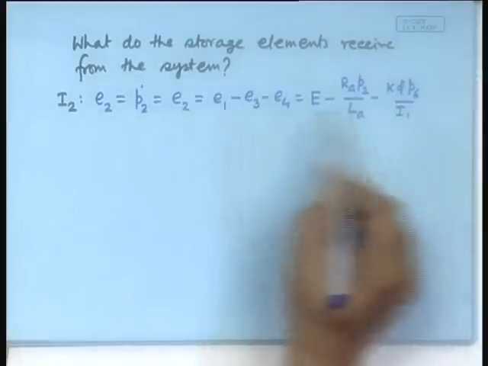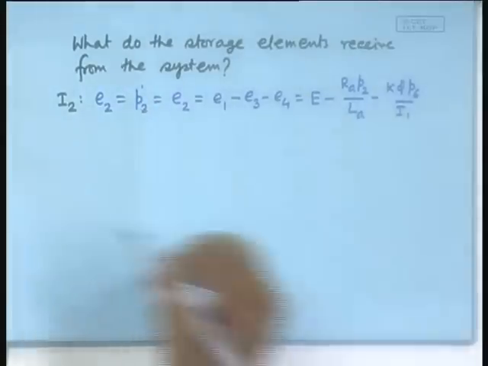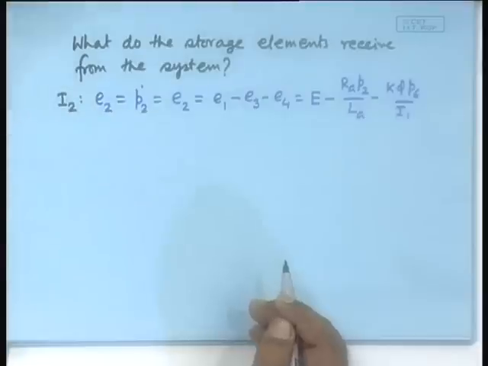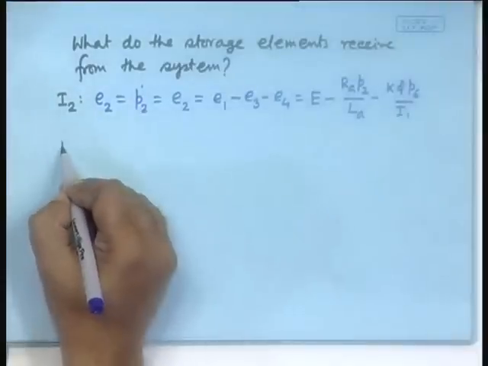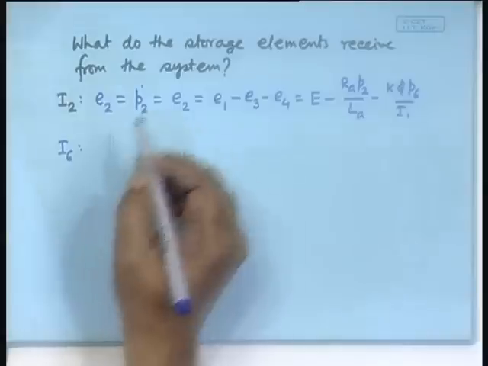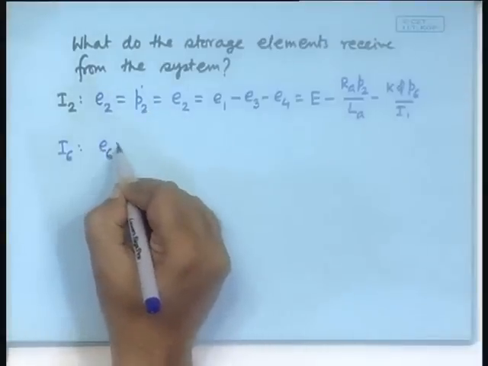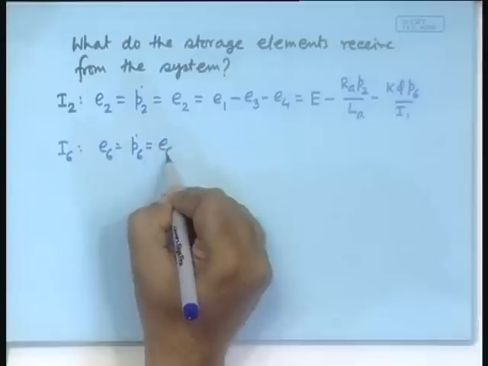So, that is one differential equation with the dotted term on the left hand side and undotted terms on the right hand side. Now, let us ask this question to I6. Here it receives E6, equal to P6 dot. We will start from here.